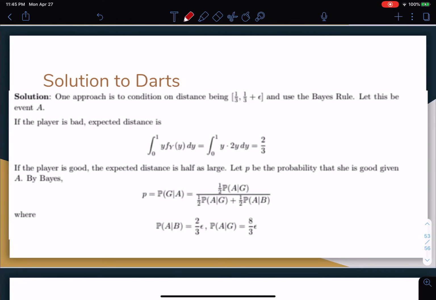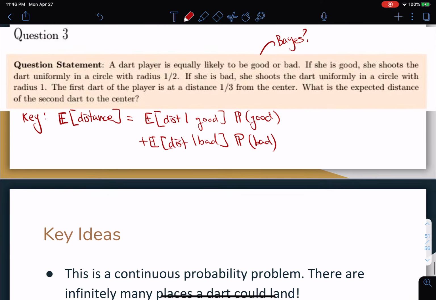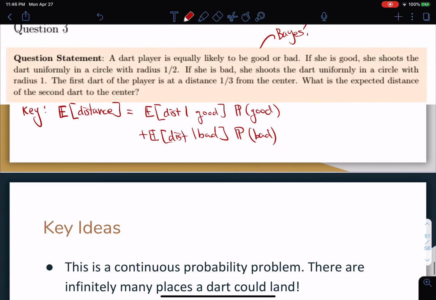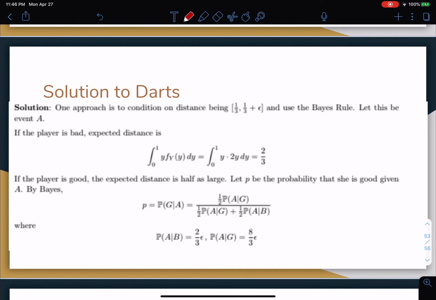Okay, for this question, I'm going to go over it the way I've done it before, because I think the solutions are pretty well written, but I'll just be highlighting some concepts. So the first thing is to condition on 1/3 to 1/3 plus epsilon.